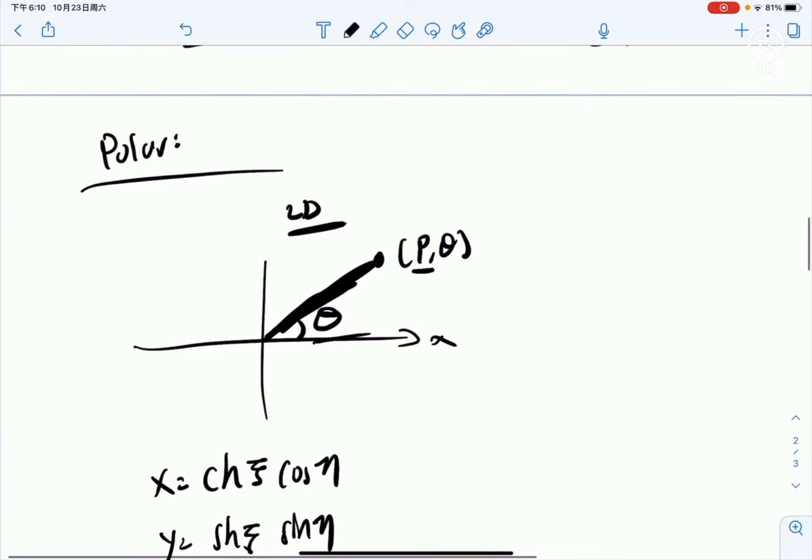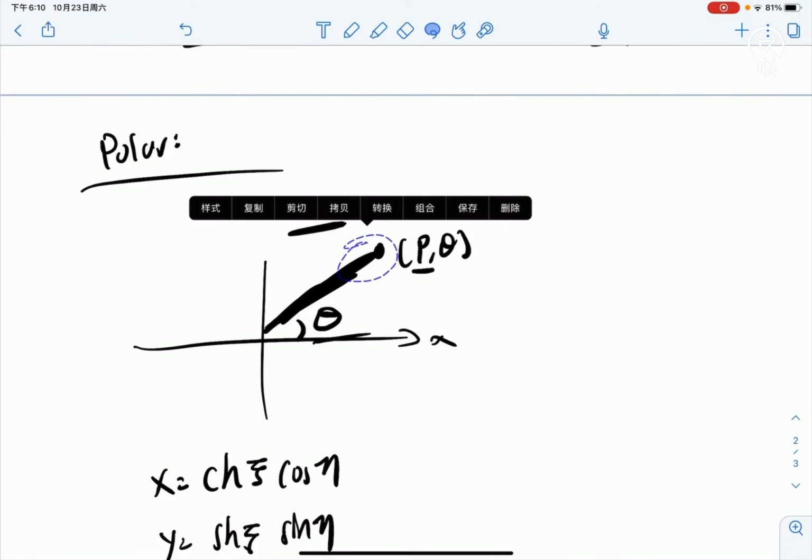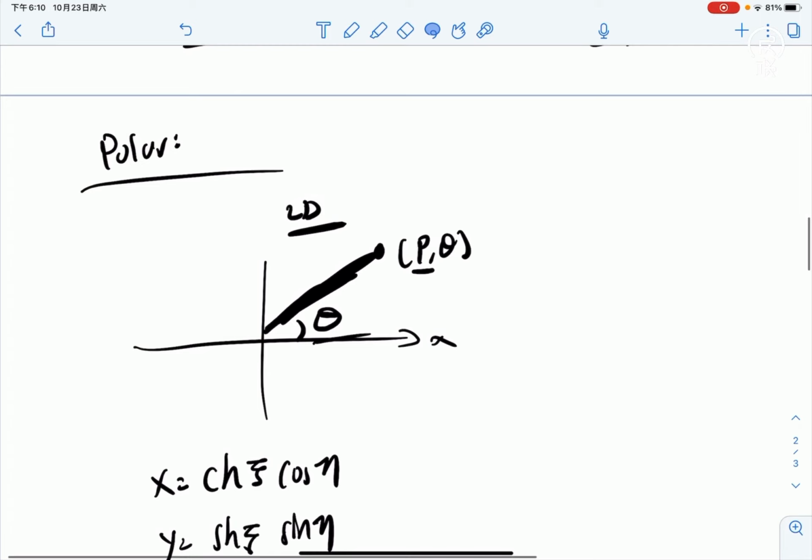And you can see we can describe all points in this plane, here, here, here, here. Basically, it can describe all the points in this plane.